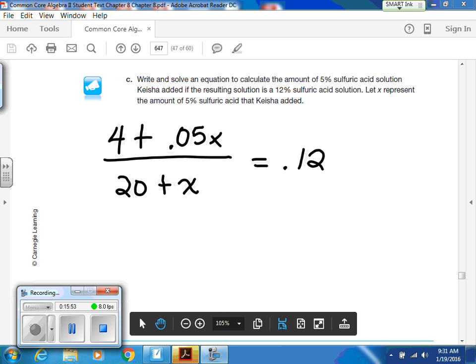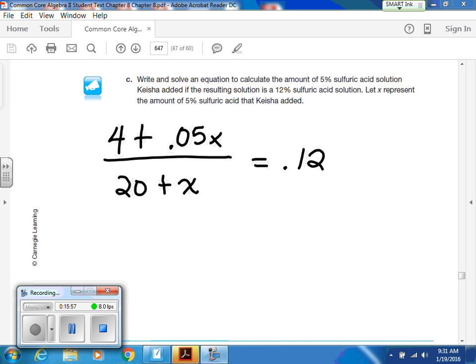Did everybody get about 22.9? No? Okay. Well, I did it right. You did it right. Okay, so 0.12 times 4 plus 0.05x equals 20 plus x. 0.12 times 4 is like 0.48.